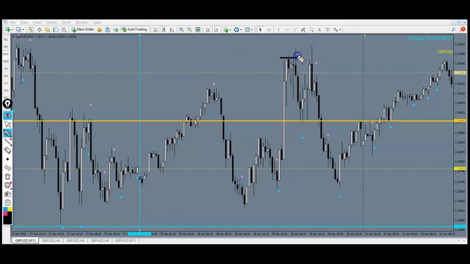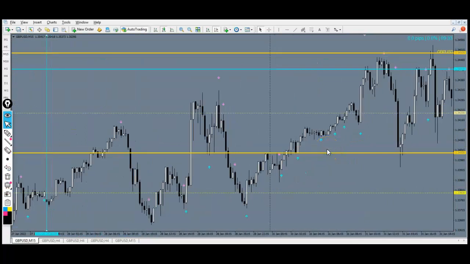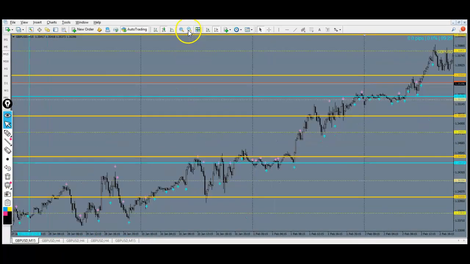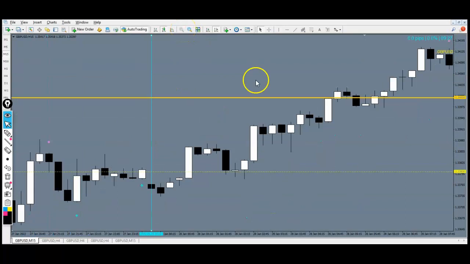When it got here again, it pushed even lower. It pushed above but did not close above, and it gave us a nice double top, and it went down. We'll see more of that as the trade unfolds.